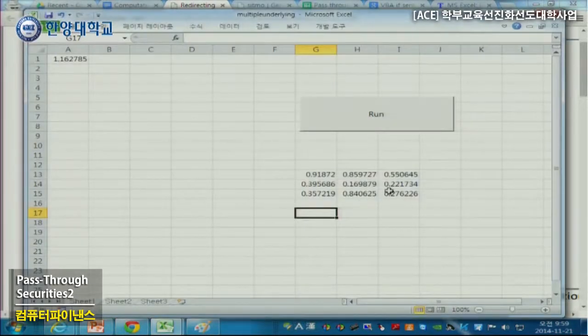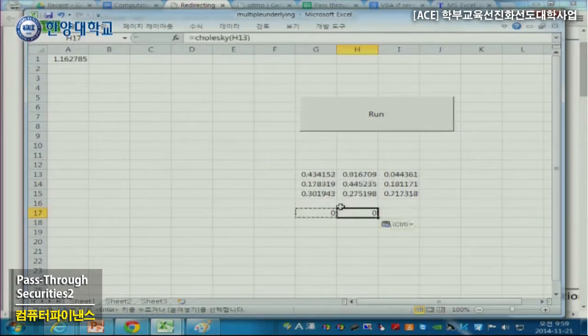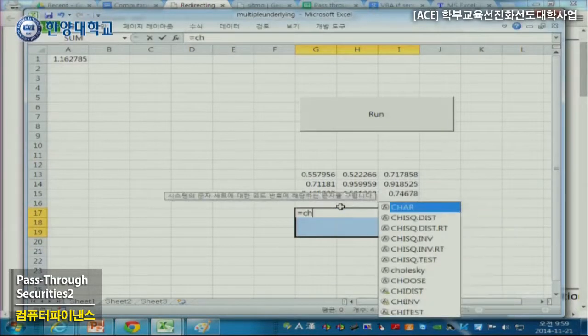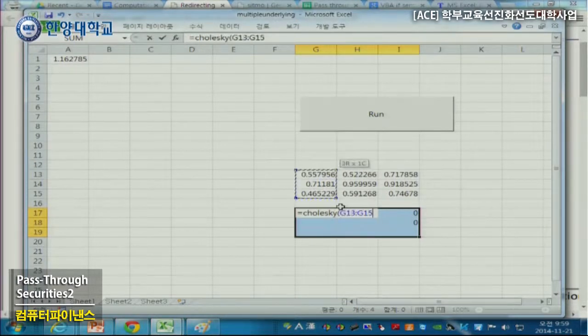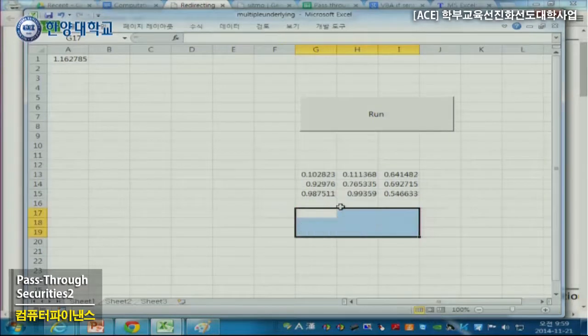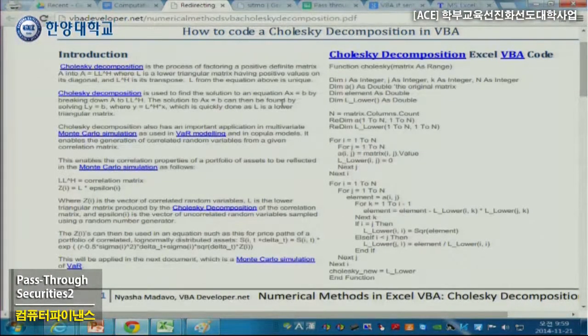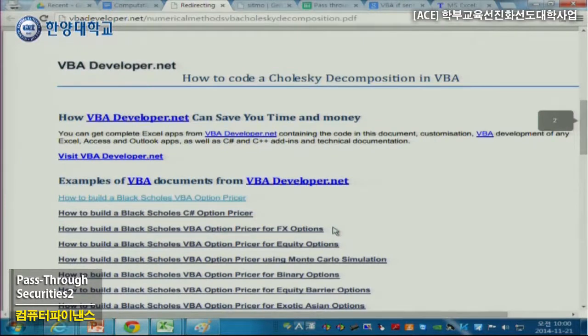Somehow it doesn't work. Strange. I don't know how to use this one, but how to code a Cholesky decomposition in VBA.